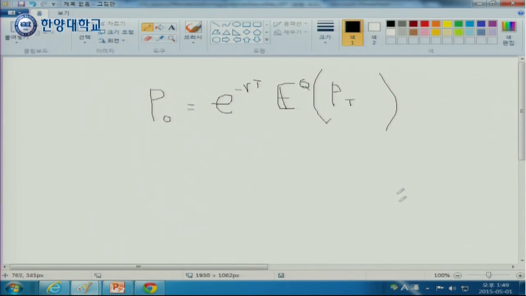Okay, do you remember this equation? This is the fundamental equation in asset pricing. This looks simple and obvious, but it is one of the most important equations in finance. Scholes and Merton got the Nobel Prize because of this one.